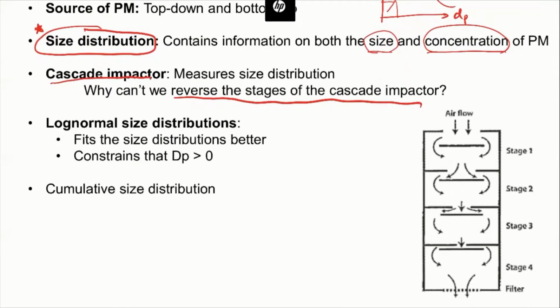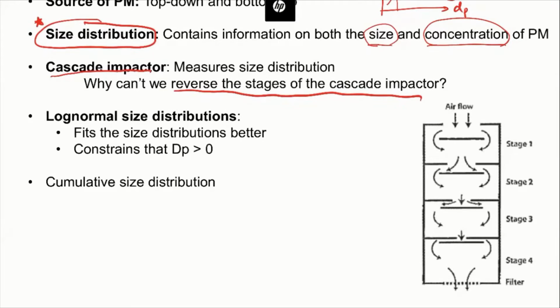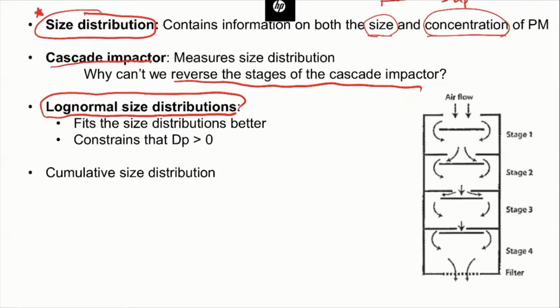After we have the size distribution, we mentioned that most of the PM in the atmosphere follows a log normal size distribution. People use these distributions quite a lot. Instead of using Gaussian, we decide to use the log normal distribution, on one hand because it fits the size distribution better.